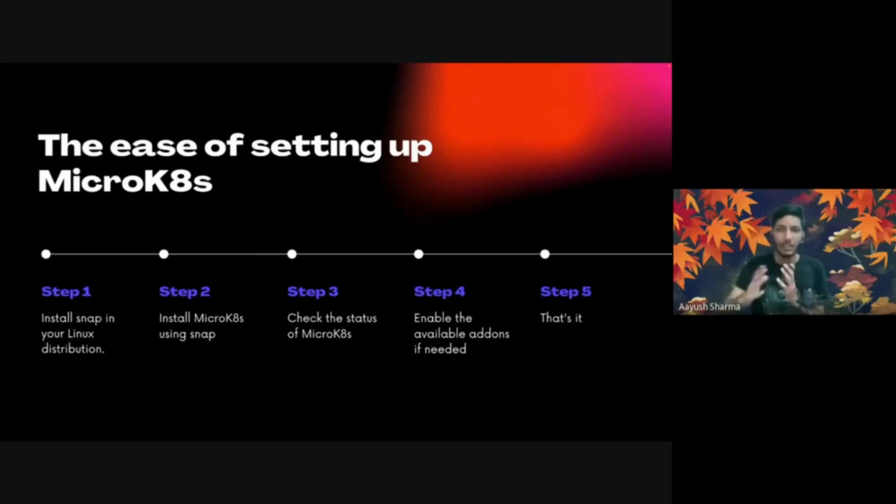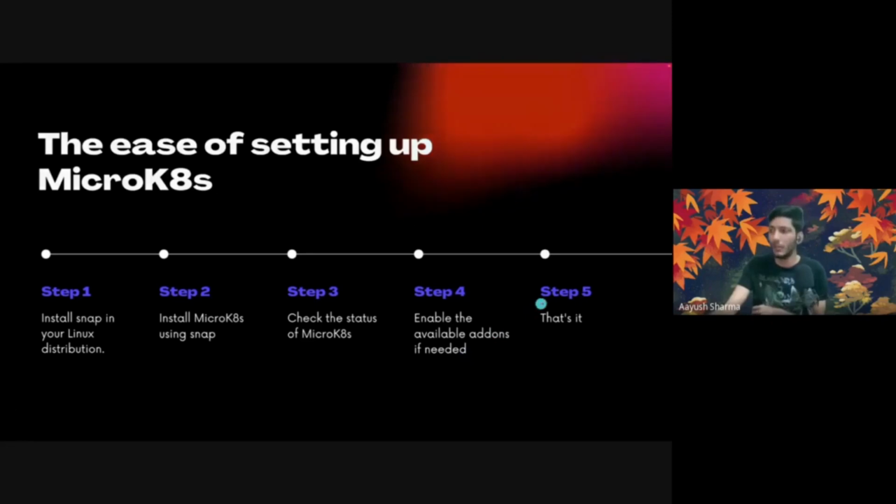After installing, check if your MicroK8s is running or down. If it's not running, troubleshoot it and bring it to the running state. Enable the add-on which you want to use for your production cases, and that's it, you are good to go. So now we'll jump into the demo.